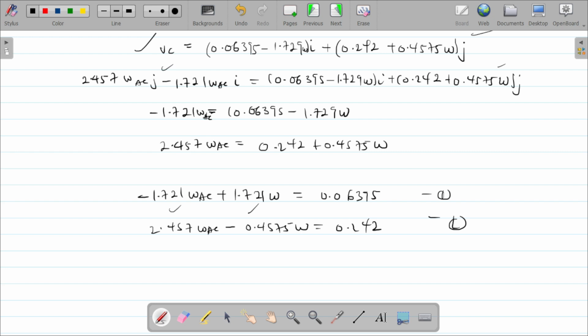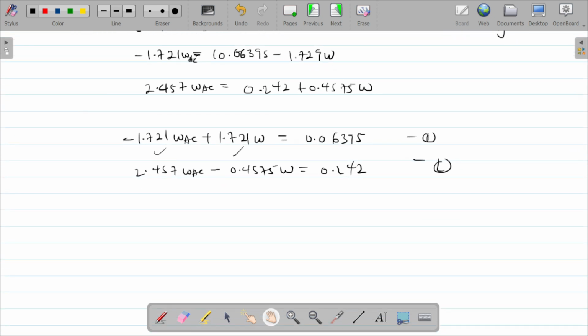If you make the correction, you should be fine, and it wouldn't be that much different. With these two equations, you solve them simultaneously for omega AC and omega BC.